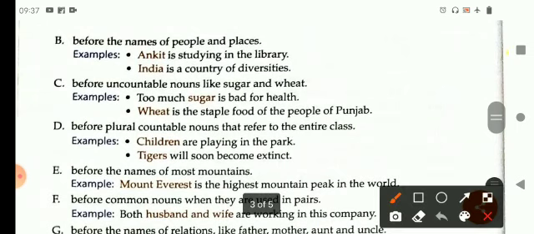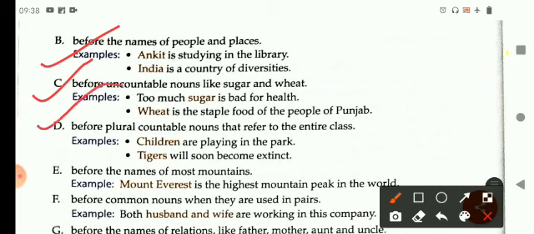Before the names of people and places, here also we do not use the. Ankita is studying in the library. India is a country of diversities. And we do not use the before uncountable nouns like sugar, wheat. Too much sugar is bad for health. Wheat is the staple food for the people of Punjab.